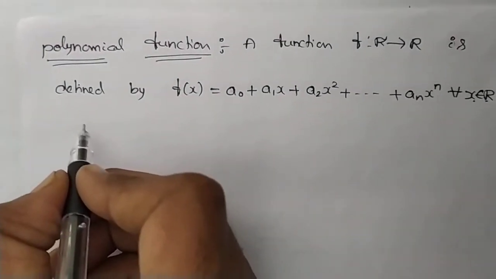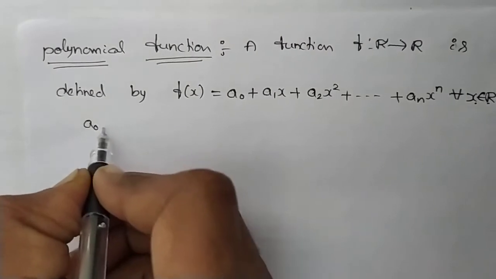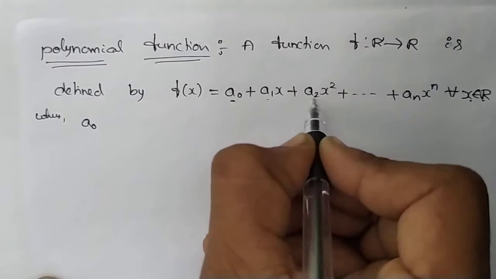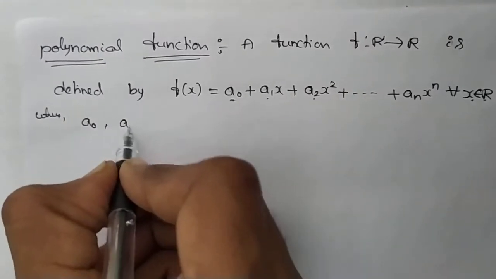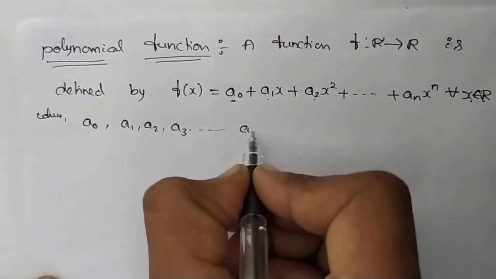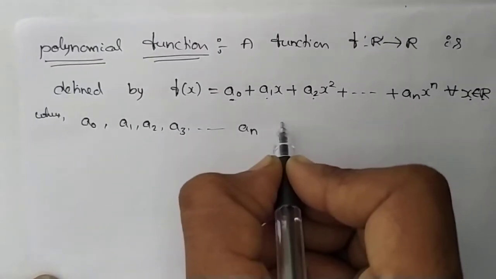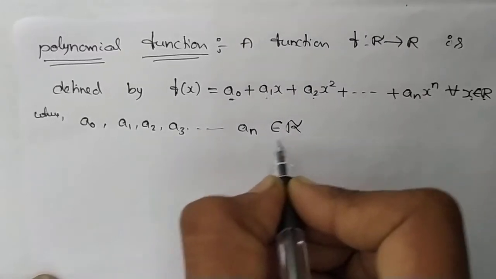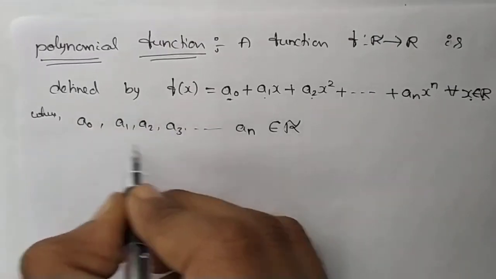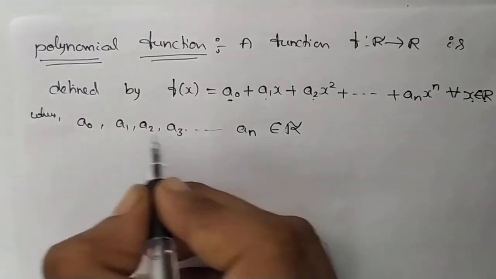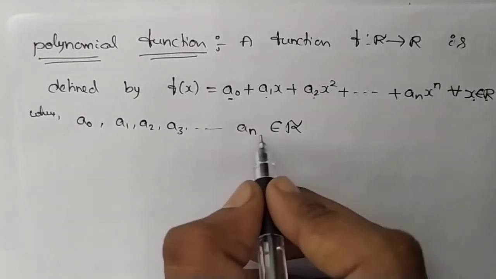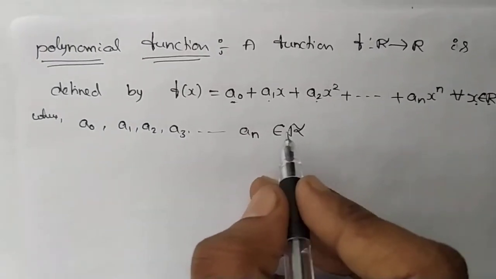And also, here we have a naught, a1, a2, and so on up to an. These values a naught, a1, a2, a3, and so on up to an should be real numbers also.